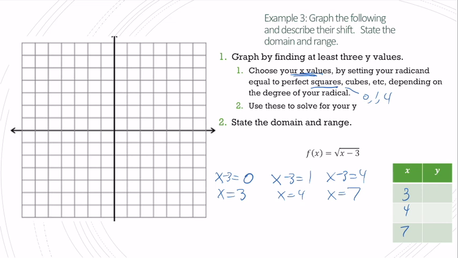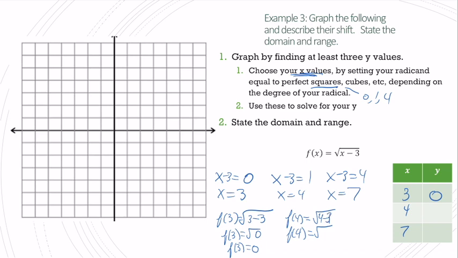So if I find the f of 3, that's the square root of 3 minus 3. So f of 3 is the square root of 0, which is just 0. Nice. If I've got f of 4, that's going to be the square root of 4 minus 3, which is the square root of 1.